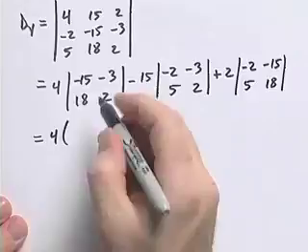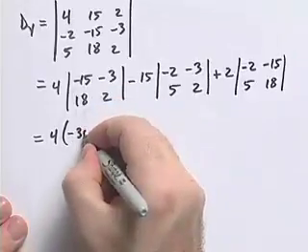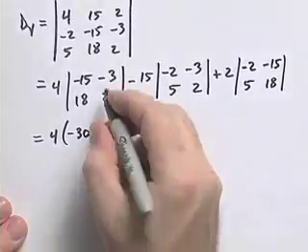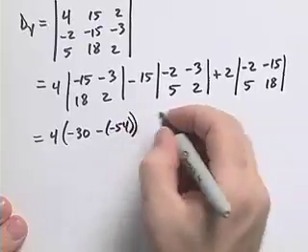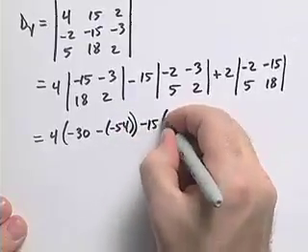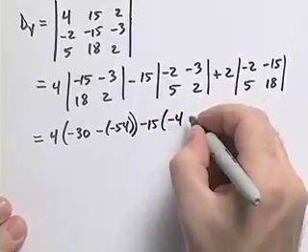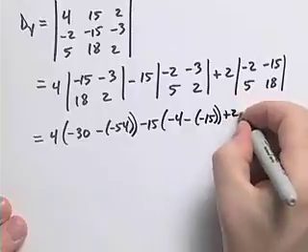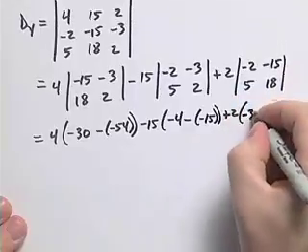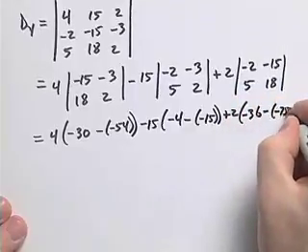We'll get 4 times, negative 15 times 2 is negative 30, minus negative 3 times 18 is negative 54, minus 15 times, negative 2 times 2 is negative 4, minus negative 15, plus 2 times, negative 36, minus negative 75.